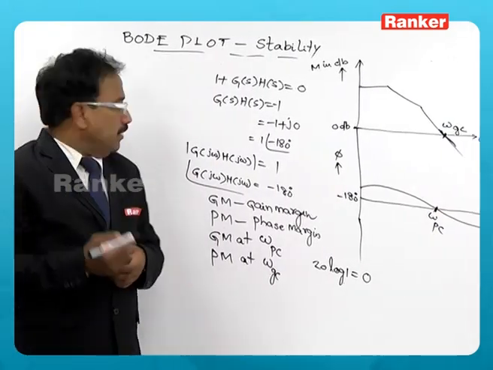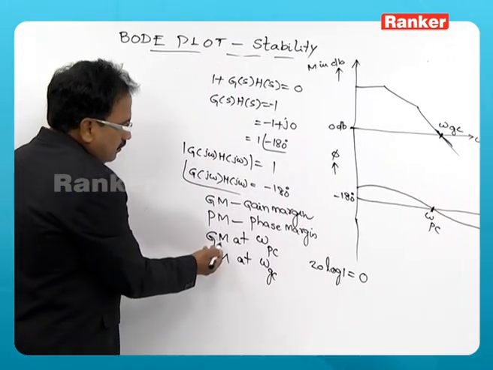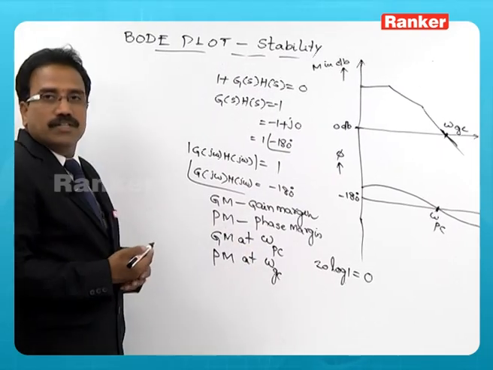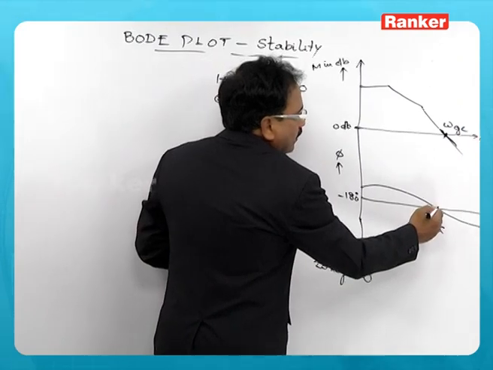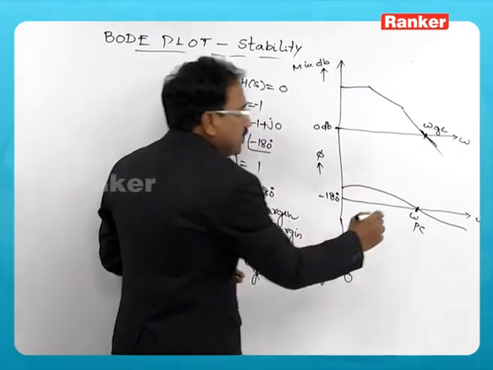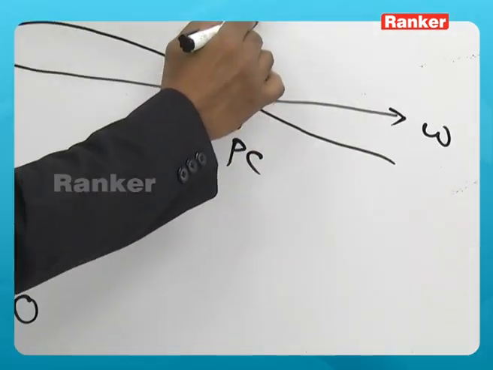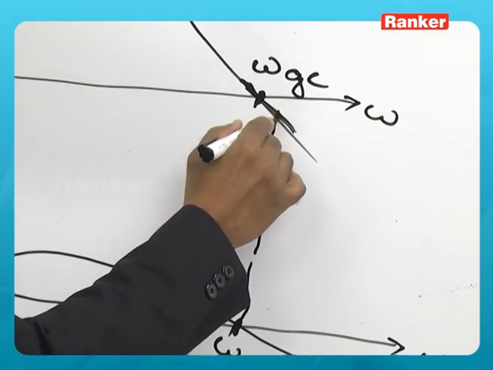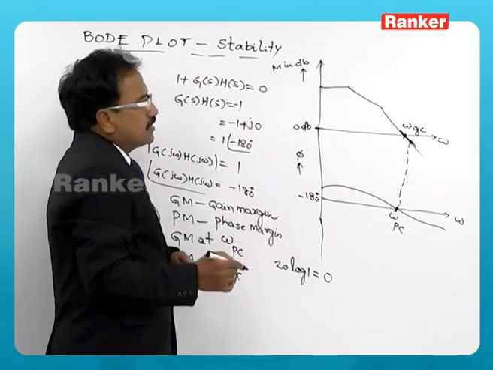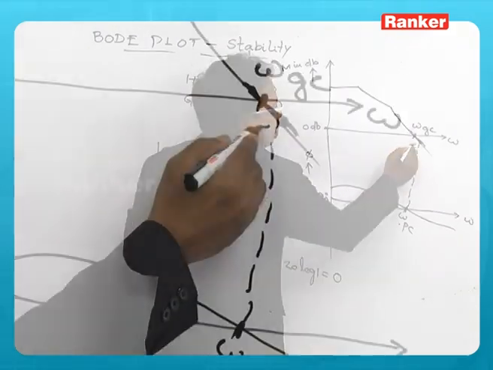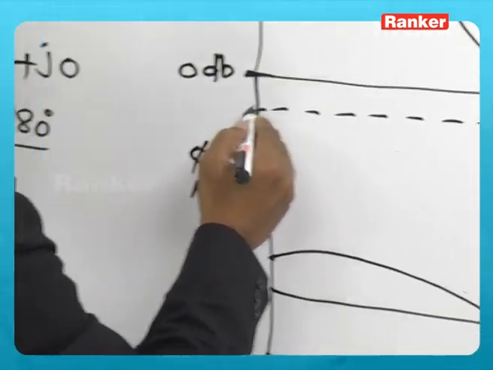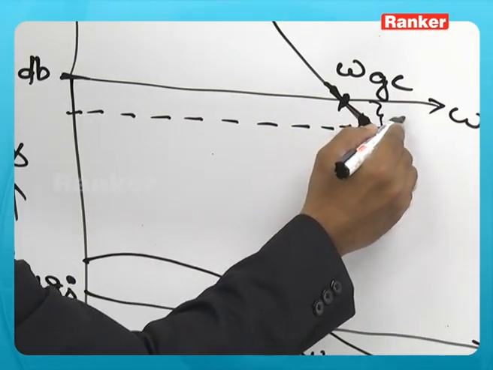So, gain margin is determined at the phase crossover frequency. From the phase crossover frequency you extend this onto the magnitude plot, say it cuts the magnitude plot at some point, measure that, and this will be the gain margin.